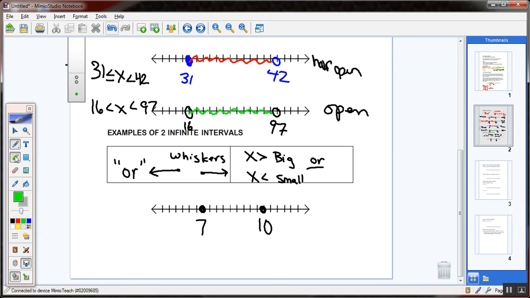I'm going to shade to the left, and I'm going to shade to the right. We call this infinite intervals because we have one interval that's going to take off and run to the right forever, and one that goes infinitely to the left. Problem is, are we including all values or are we leaving some out?